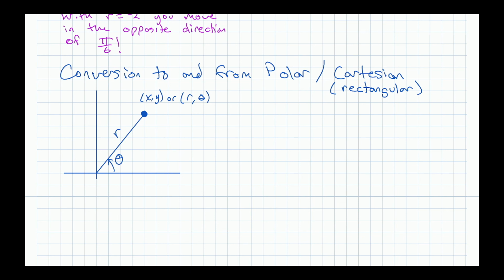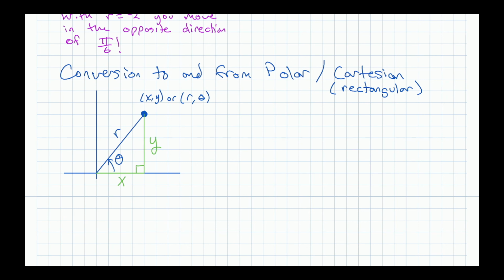On this picture, this distance is y and this distance is x, like that. So that picture has x and y and r and theta, and they're related using trigonometry.